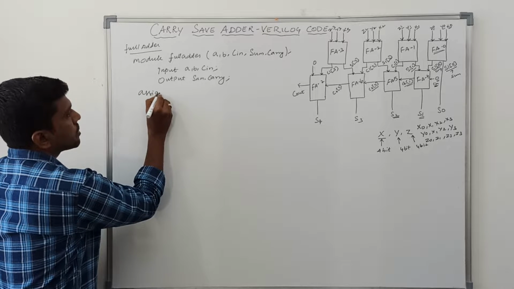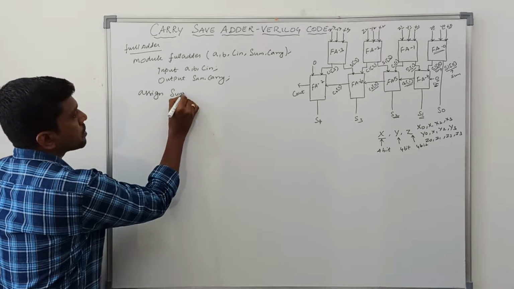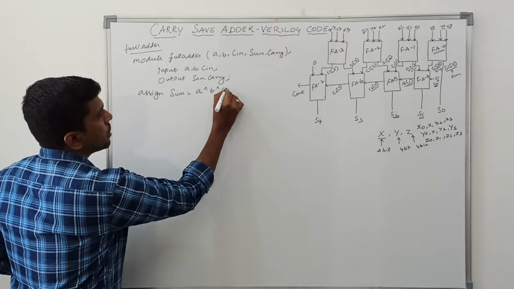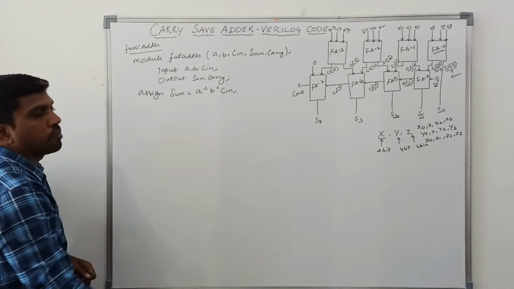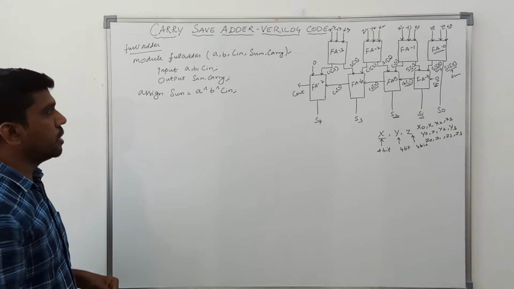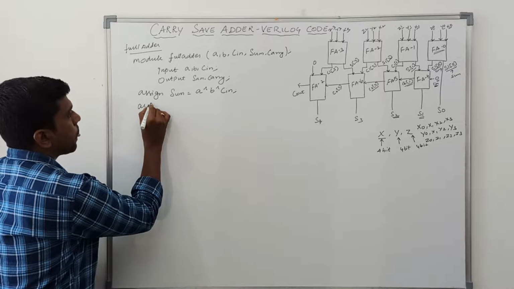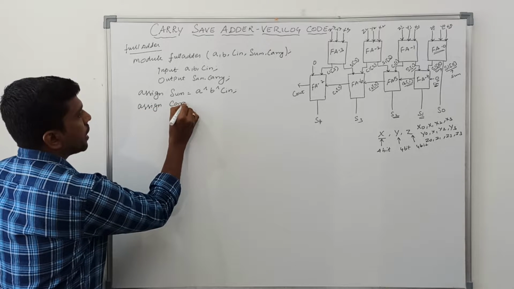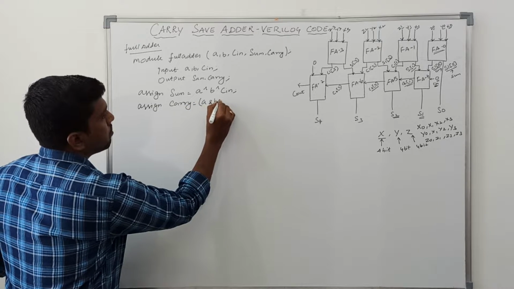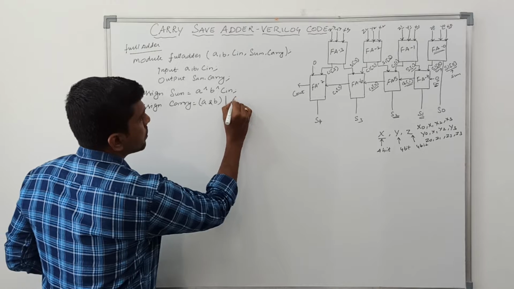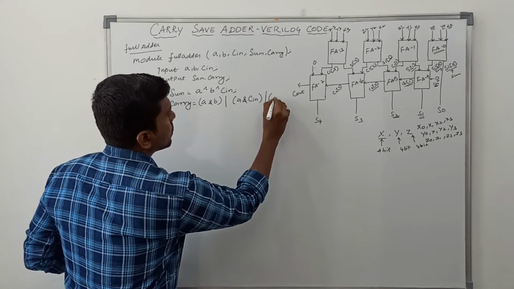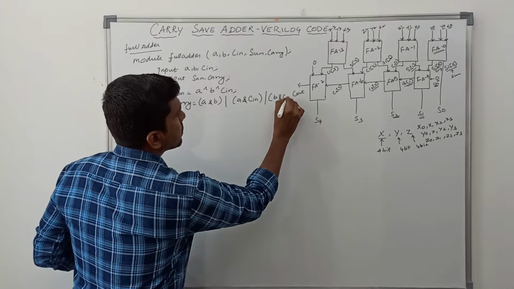Then assign sum equal to A XOR B XOR C in. So it's the sum expression. Then assign carry equal to A and B or A and C in or B and C in.